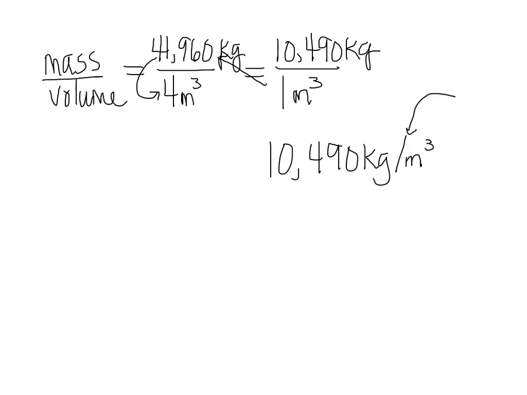Example 2B. Aluminum weighing 1,350 kilograms has a volume of 5/10 cubic meters. What is the density? Same thing. You know density is mass over volume. So you need to put mass on top, your first term, which is what information from the text? 1,350, put a label on it.